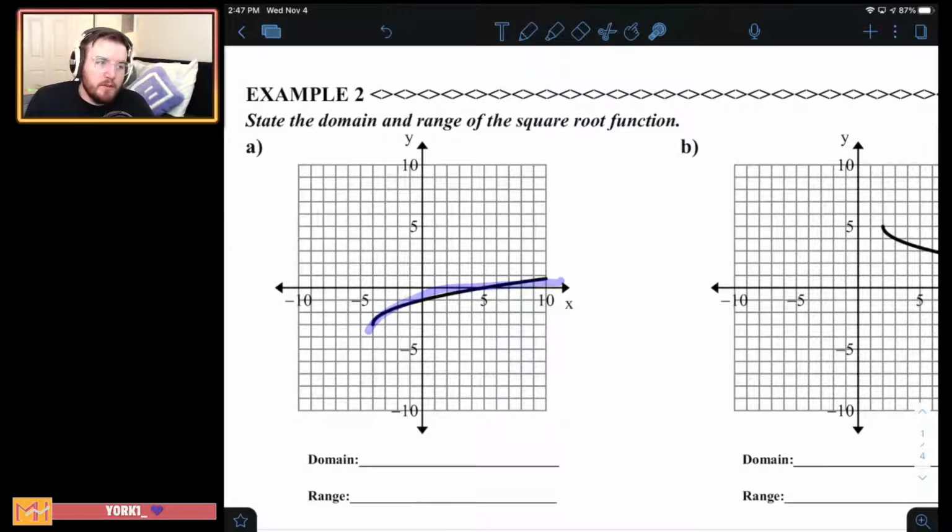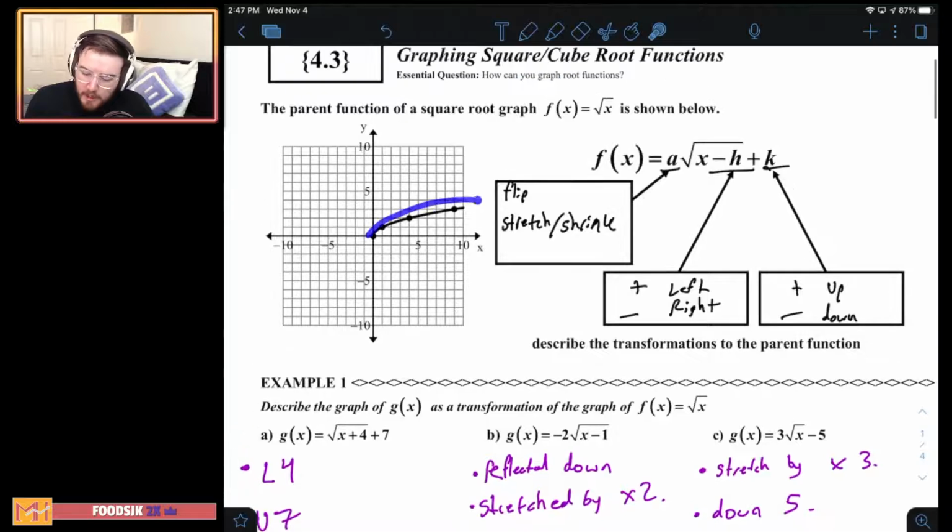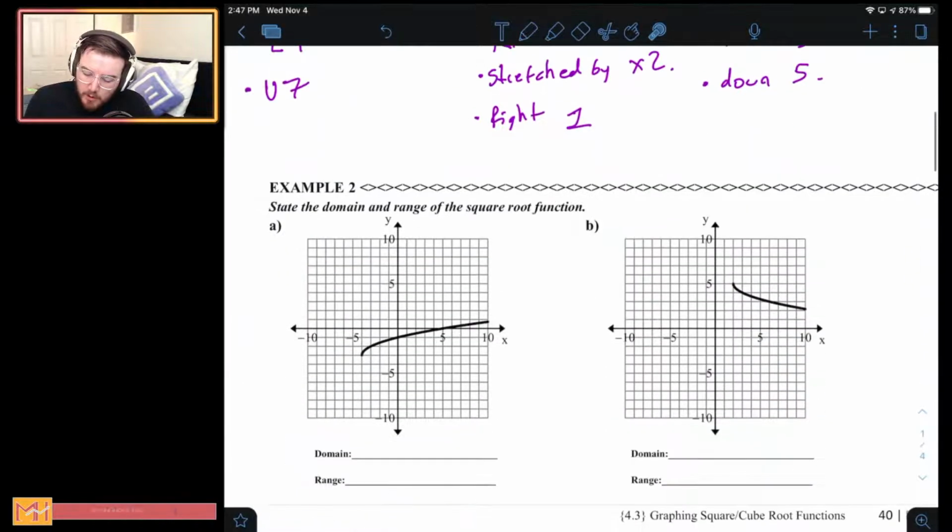This is what a square root function looks like, okay? And there was an example up here as well. Because square root functions don't really progress very quickly, right? If you think about it, when you take the square root of 9, it's only at 3. When you take the square root of 25, it only goes up 5. It's not really growing very rapidly because the square root takes us down so quickly.